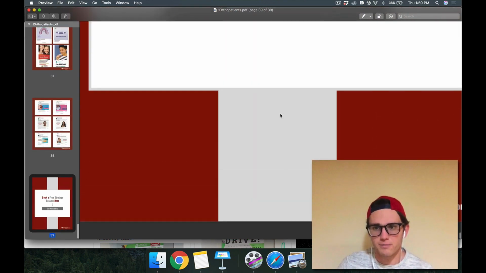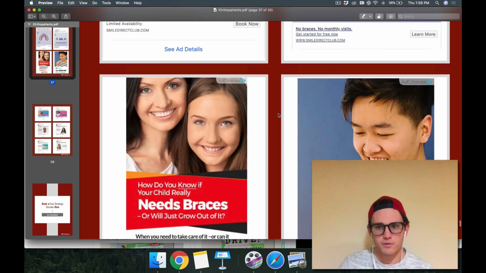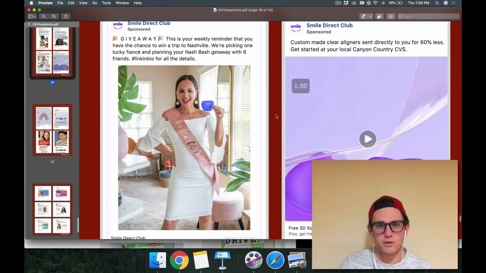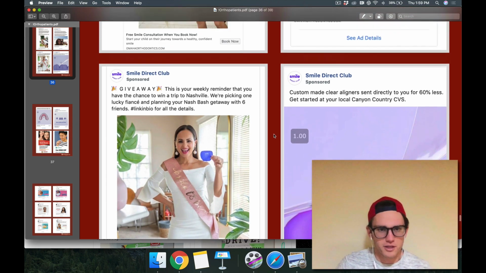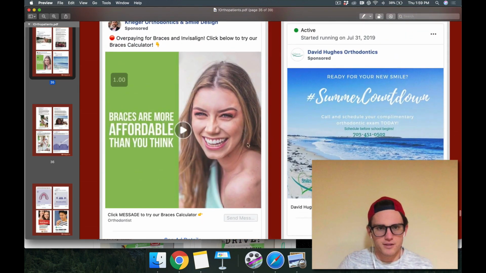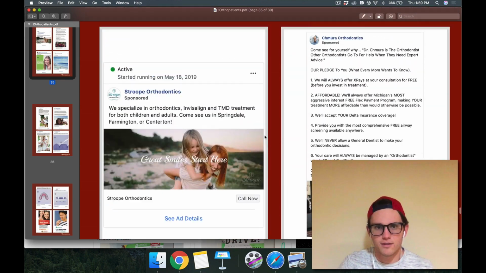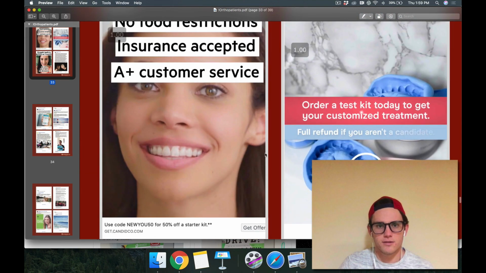So tips to making your ads look better. At the very bottom, I put in a lot of different ads from people like Smile Direct Club, and look at this, that's awesome, that's such a good picture, something I would totally be okay with showing up on my Facebook or Instagram feed. Same with this one, that looks amazing. This one looks good.